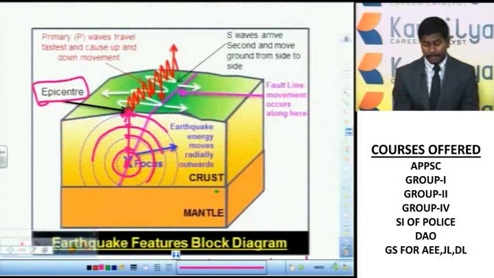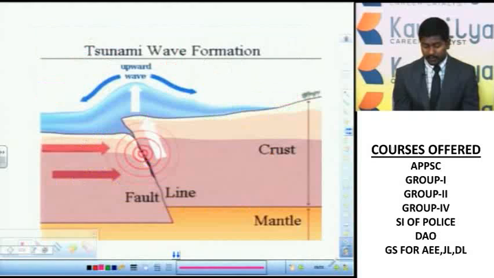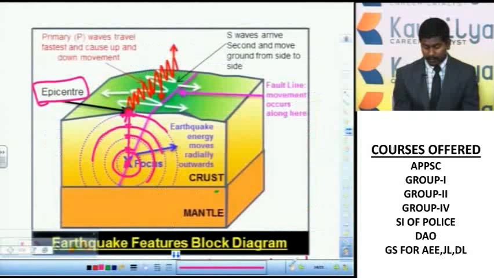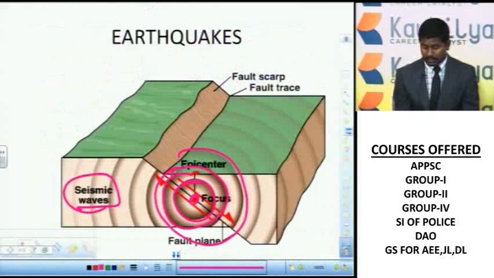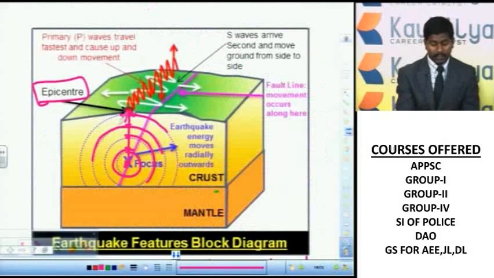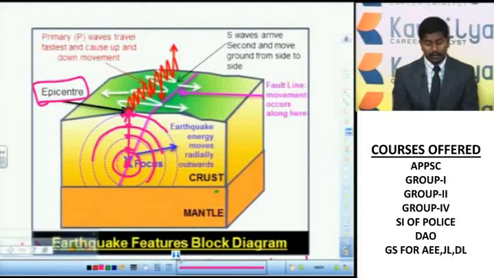So these waves which carry this energy from the focus to the epicenter, and thereafter from the epicenter to the nearest seismograph station, are called seismic waves or earthquake waves.